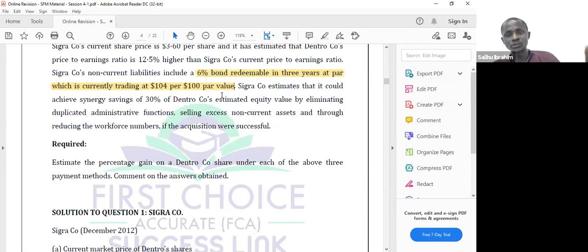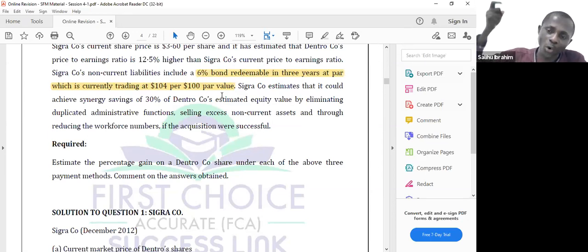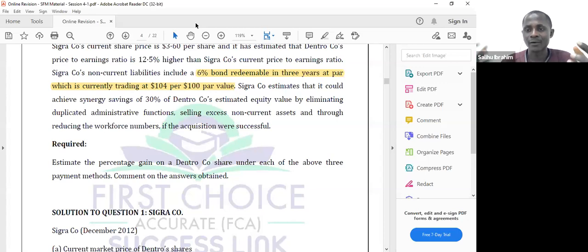Now, my assumption is that the bond I want to offer to the shareholders of Dentroco and my existing 6% bond are of similar risk characteristics.